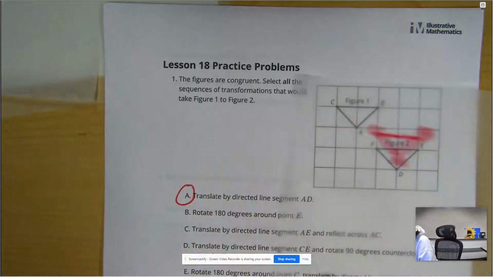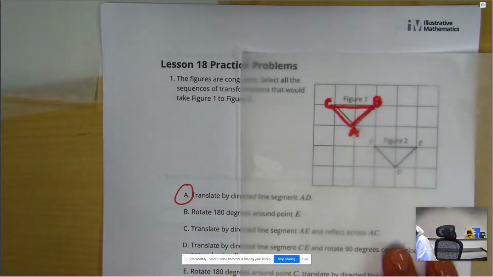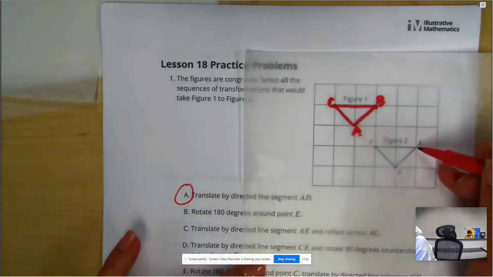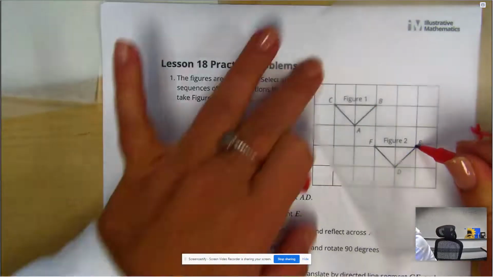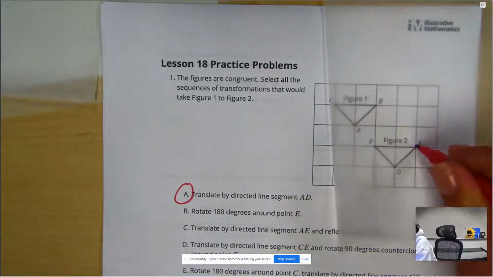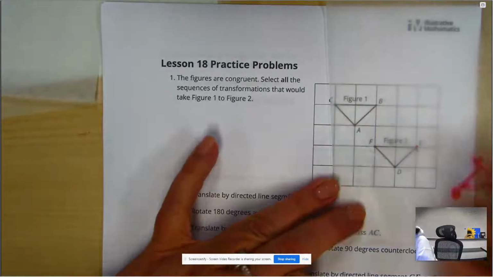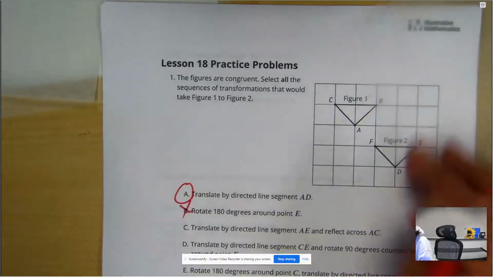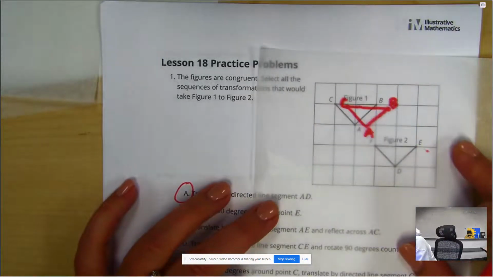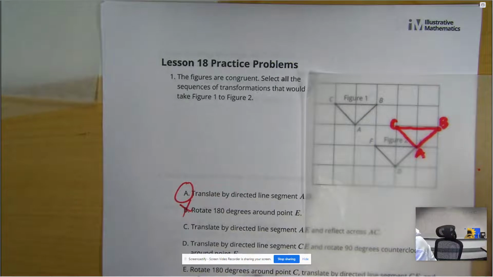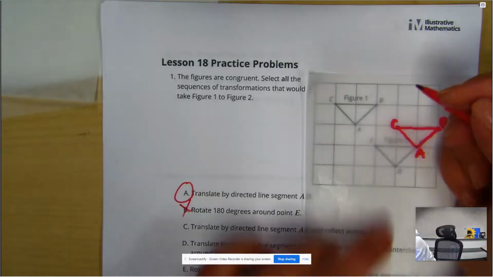Rotate 180 around point E. No. Translate by directed line segment AE, then reflect across AC.